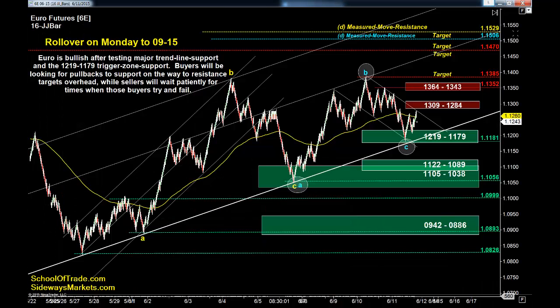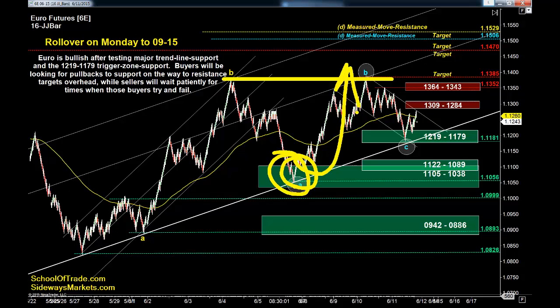Shall we begin? Absolutely. Okay, so the Euro is acting very, very rational right now. We successfully retested the high. If you go back and watch the newsletter from earlier this week, we talked about this. The goal of the buyers was to retest these highs, and that's exactly what happened.